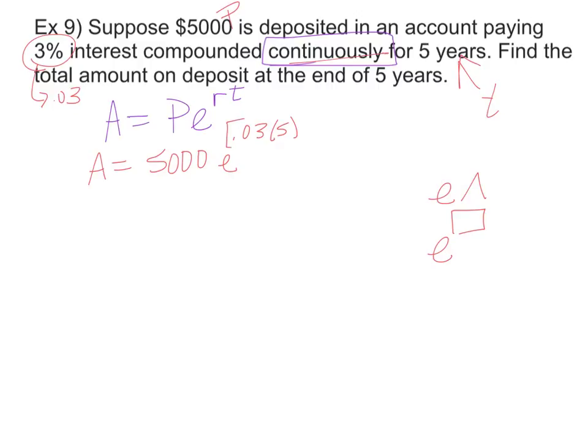So make sure that you have parentheses around these two, or you have that multiplication sign between them, and that's how it works in your calculator. Okay, plug that in and let's see what we get here. Looks like 5,809.17.